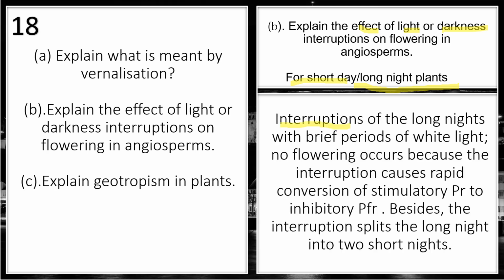Interruption of the long nights with brief periods of white light, no flowering occurs because interruption causes rapid conversion of stimulatory phytochrome red to inhibitory phytochrome far red. Besides, interruption splits the longer nights into shorter nights.